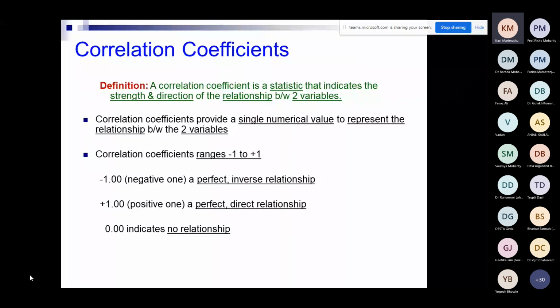Suppose you get your R value, the correlation coefficient, equal to 0, it indicates there is no such relationship observed between the 2 variables.